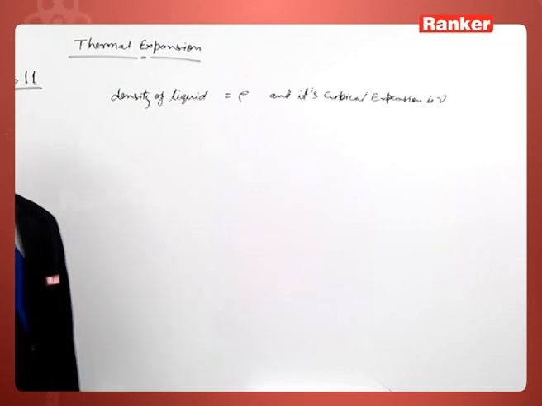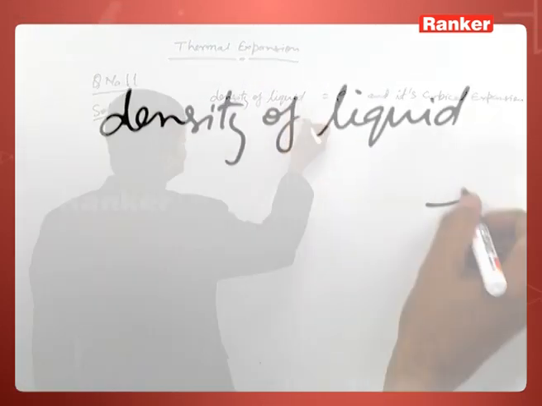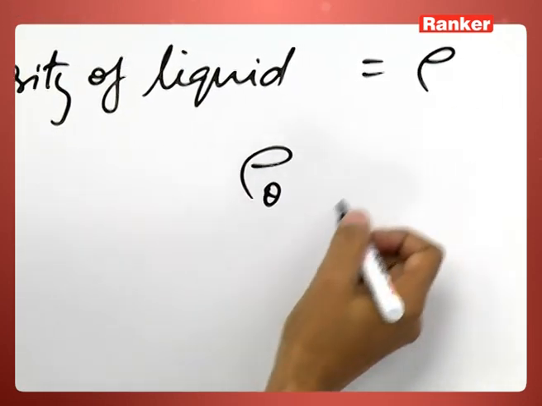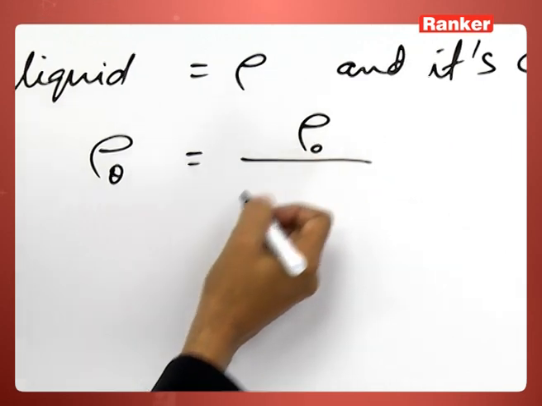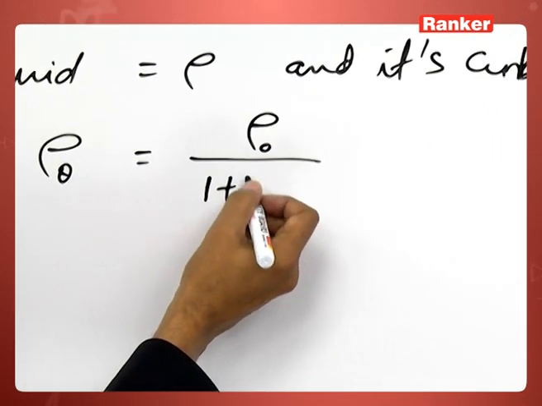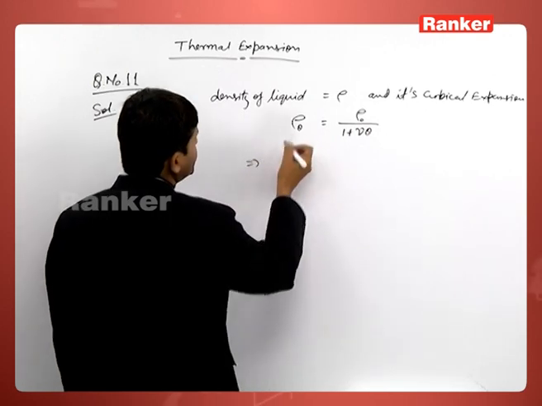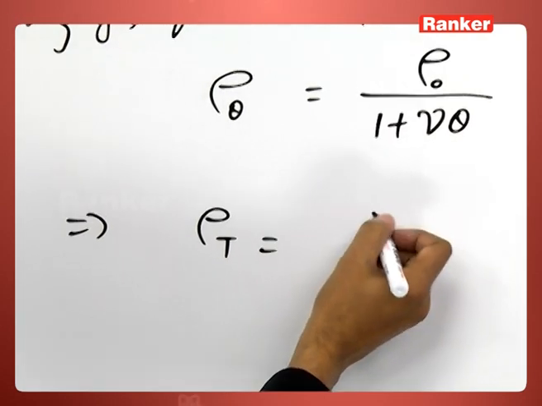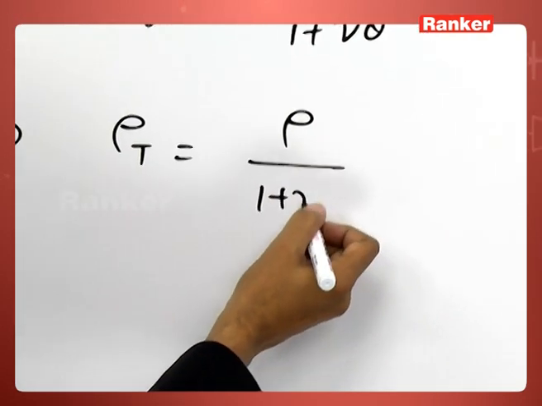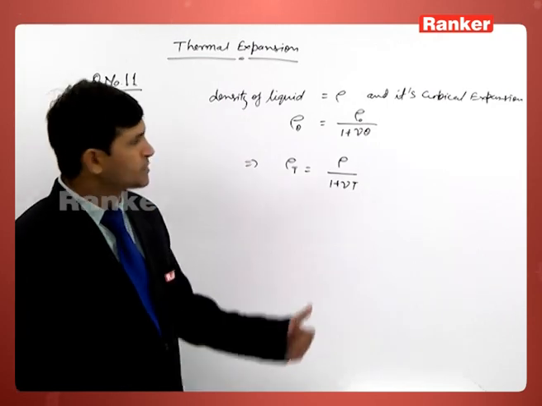So they are asking the change in density at temperature T. As we know, density at theta is equal to initial density by 1 plus gamma into theta. So density at T is equal to initial density rho by 1 plus gamma T. This is the density at T.